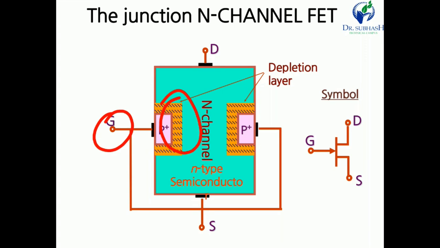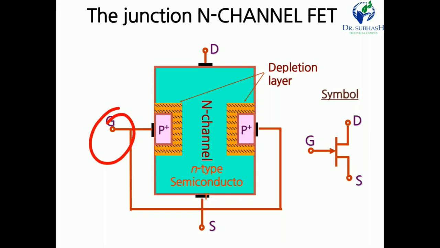If this junction is in reverse bias, then with increasing gate voltage the depletion region width is increased. If this junction is forward biased, then the depletion region width is decreased. So the width of the depletion layer is inversely proportional to the gate voltage.